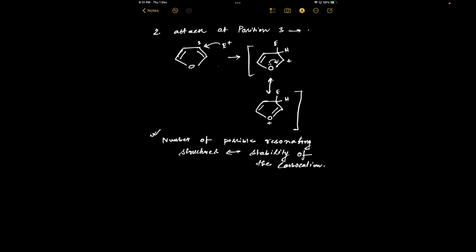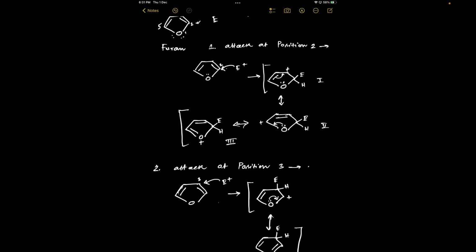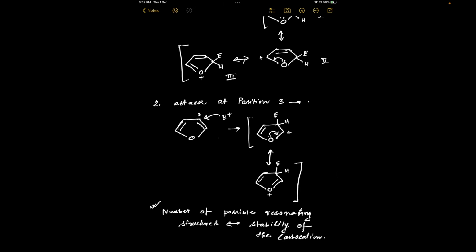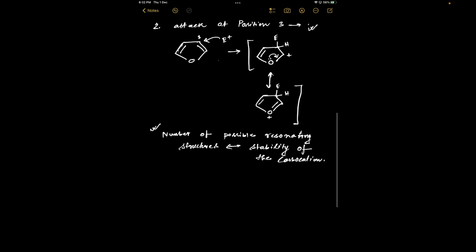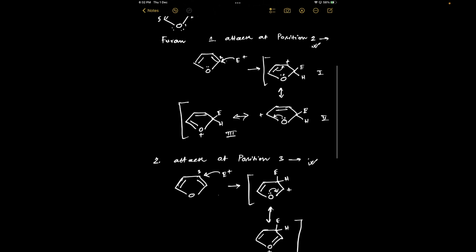So if the number of resonance structures increases, then the carbocation will be more stable. So the carbocation generated after the electrophile attacks the furan structure at position 2 will be more stable compared to this situation, because there are 3 possible structures and there are 2 possible resonance structures. So the product forming after attacking at position 2 will be the major product here.